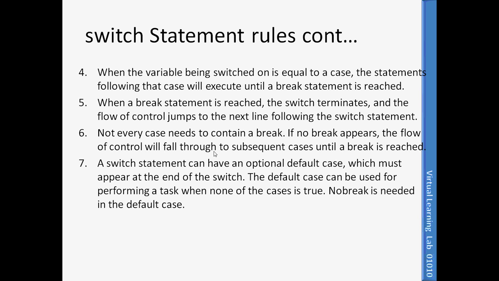If no break appears, the flow of control will fall through the subsequent cases until a break is reached; it will execute all the statements till the break statement is available. A switch statement can have an optional default case, which must appear at the end of the switch. The default case can be used for performing a task when none of the cases is true.